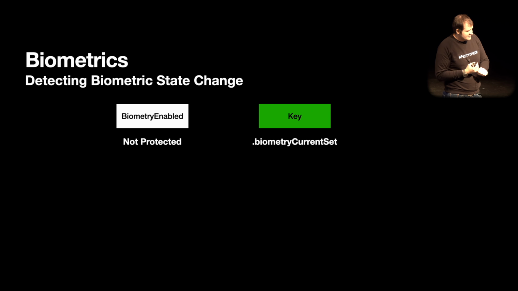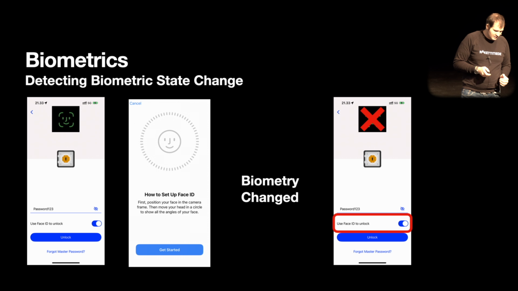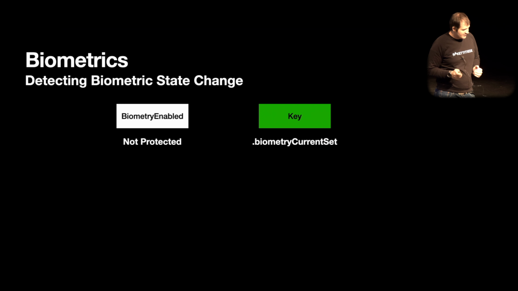One of them is biometry enabled. So if we go back, that would be the key indicating this flag that the user toggled this specific toggle, use Face ID to unlock in the app. And another one is the actual key that you want to store. So instead of 1, you use 2 keys.